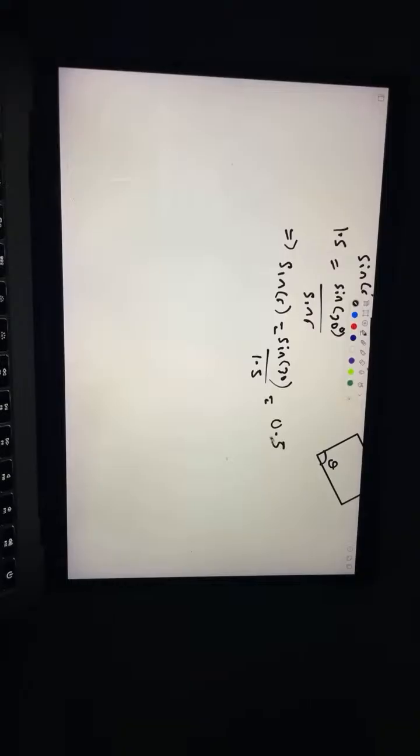Sine 30 is 0.5, divided by 1.5. 1.5 is 3 over 2, so dividing by 3 over 2 means multiply by 2 and divide by 3. And that will be 1 over 3.